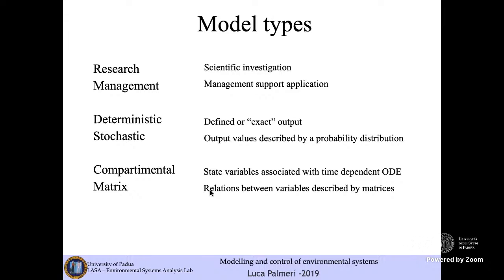Then there is another important classification between compartmental and matrix models. Compartmental models are models in which state variables are associated with time-dependent ordinary differential equations. This means that we may identify some state variables that are associated with a specific compartment of your ecological model.